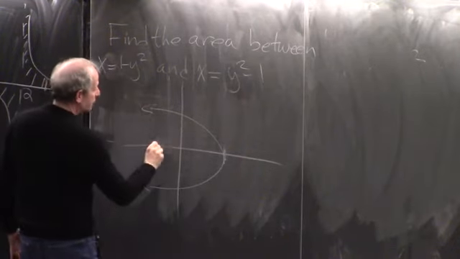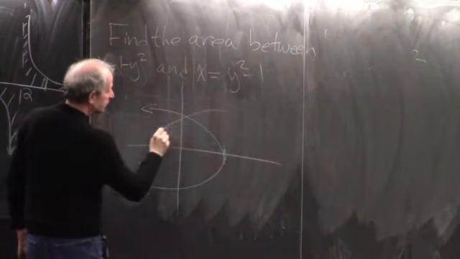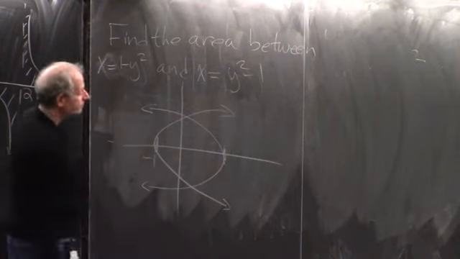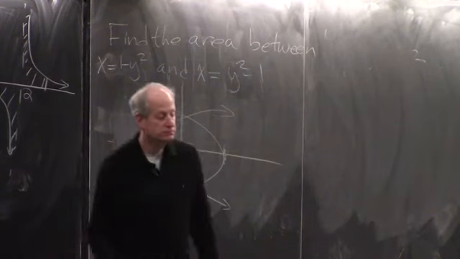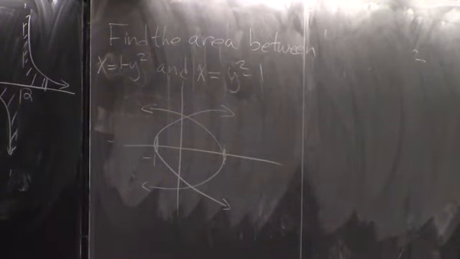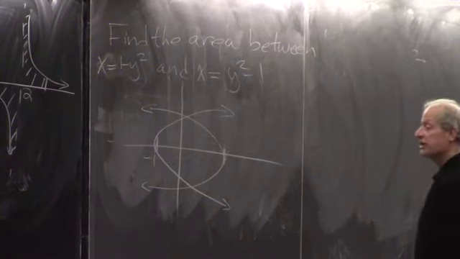And y squared minus 1, you go to negative 1, and you go this way. And again, they're going to be symmetrical. Where are they going to intersect?